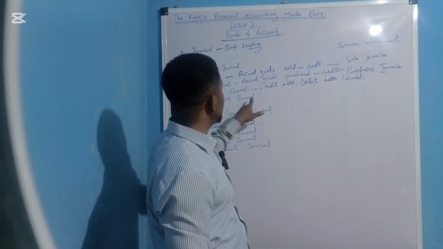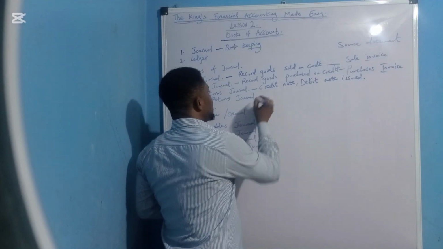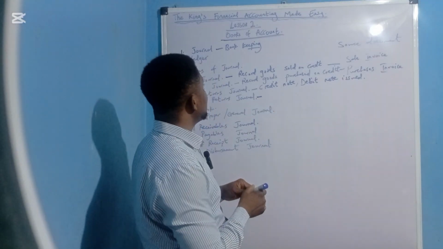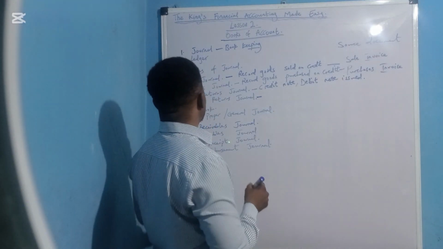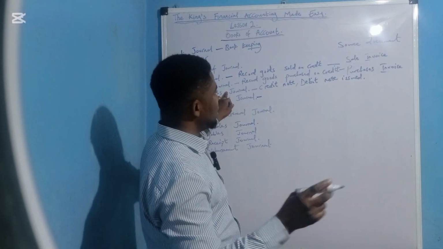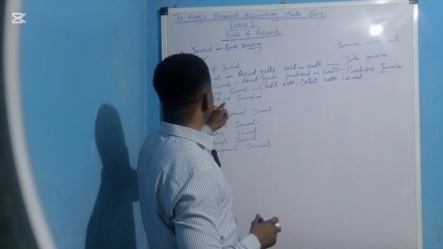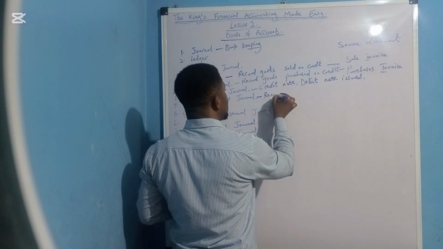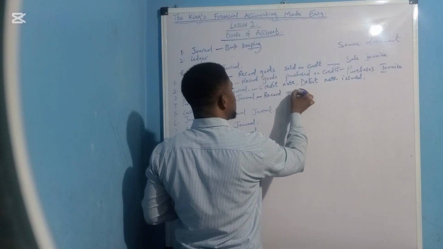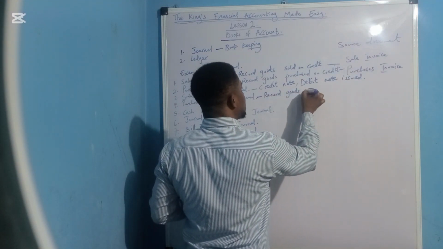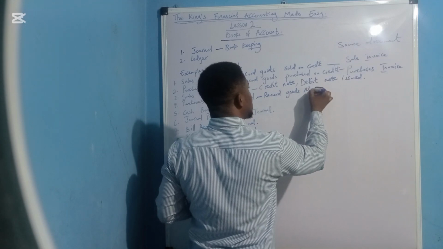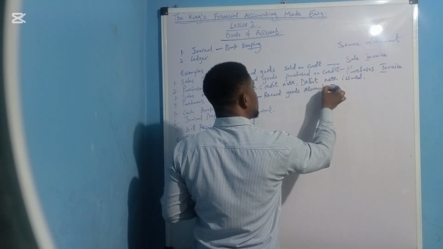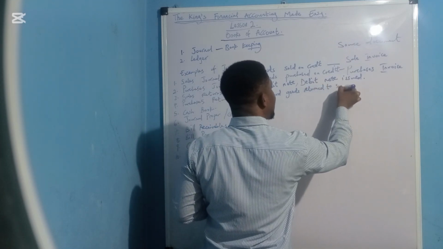Purchases return journal. Oh, sorry, I did not write this, but I've explained it. The purchases return journal is used to record goods returned to supplier.